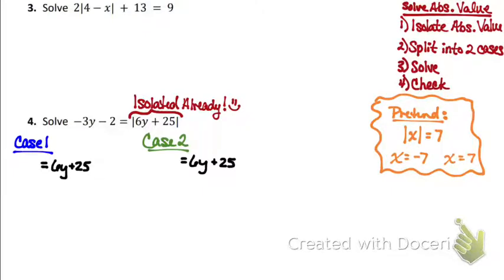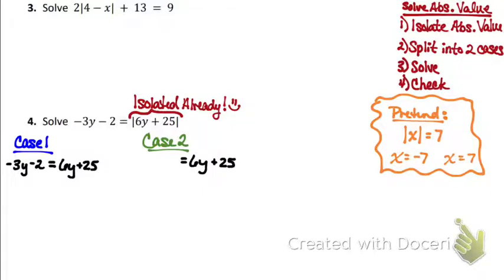For one of my cases, the other side of the equal sign stays exactly the same. I'm just going to recopy what I see. So for one of my cases, I'm going to just recopy negative 3y minus 2. Nothing changed. Just like here, when I wrote down one of my cases, the only thing that I did different was the absolute value sign disappeared.